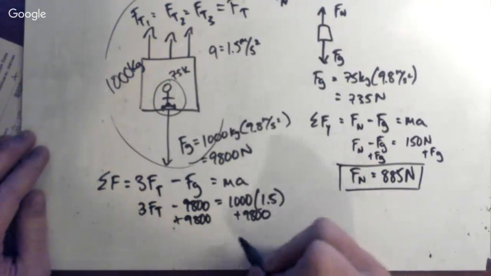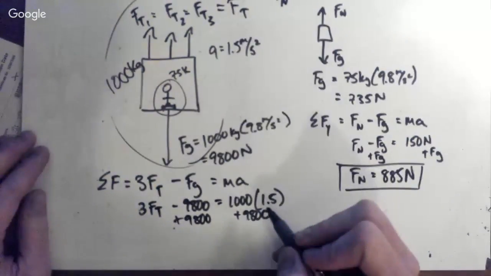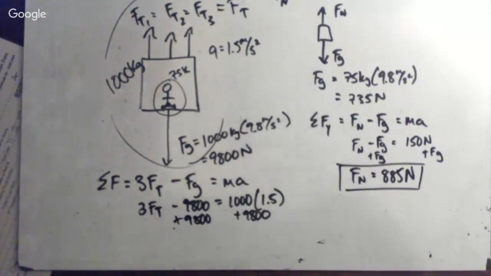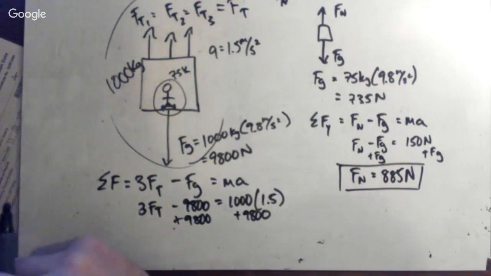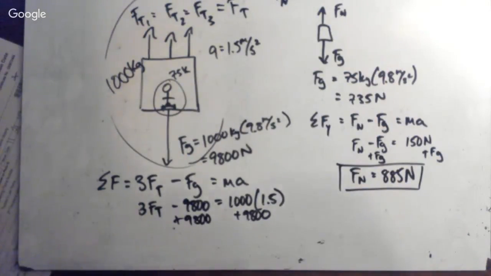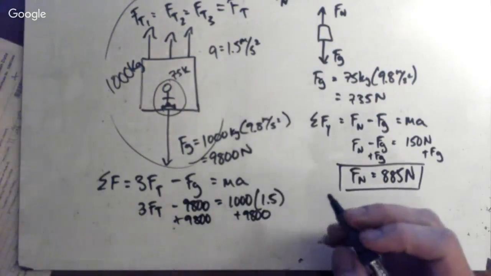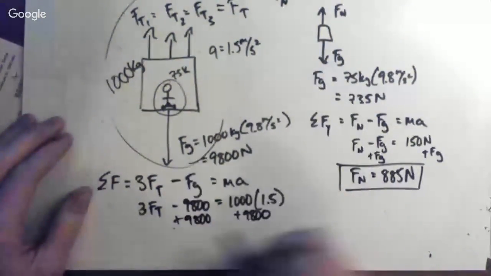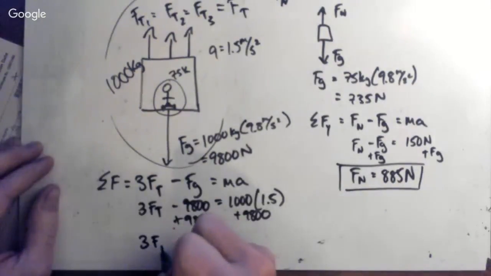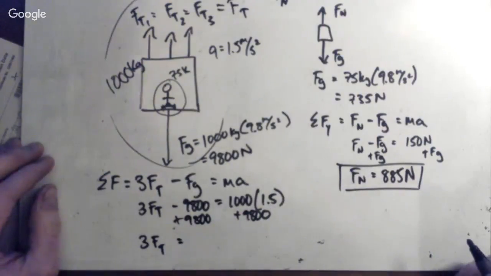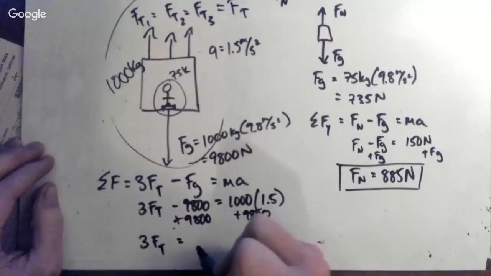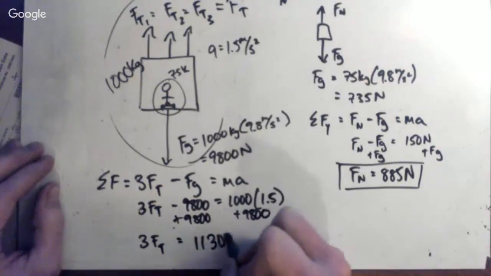And then that gives us 1,000 times 1.5, which is 1,500, plus 9,800 is 11,300. So 3 Ft equals 11,300.